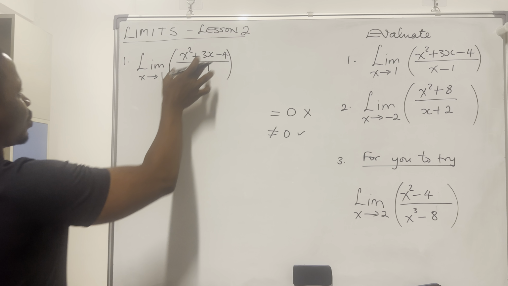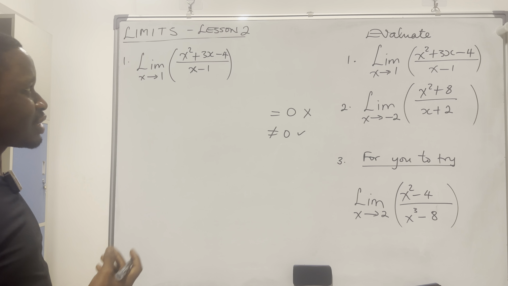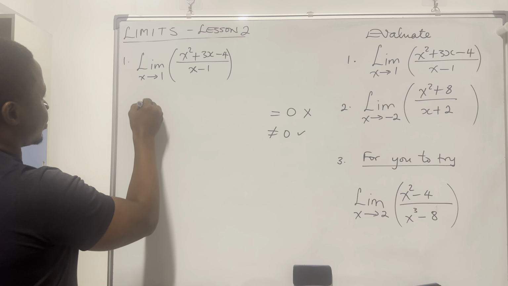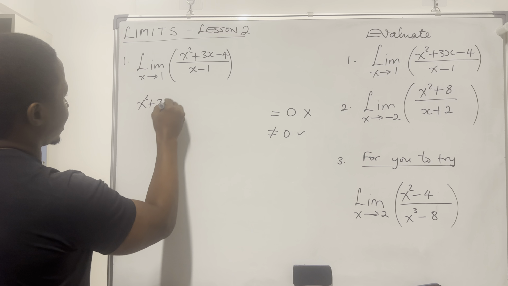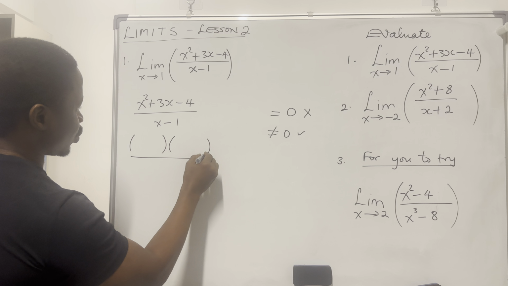Now let's see. The one we have at the top is a quadratic expression. Let's factorize it and see. x squared plus 3x minus 4 over x minus 1. Let's have our two brackets like this.